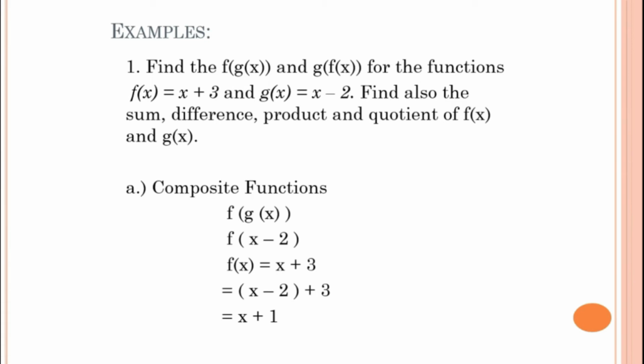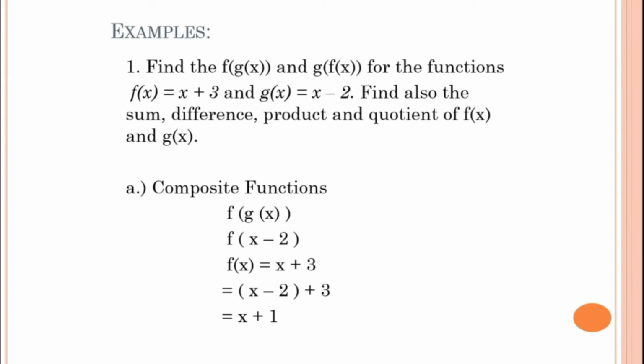The first problem would be: find f of g of x and g of f of x for the functions f of x is equal to x plus 3 and g of x is equal to x minus 2. Find also the sum, difference, product, and quotient of f of x and g of x.